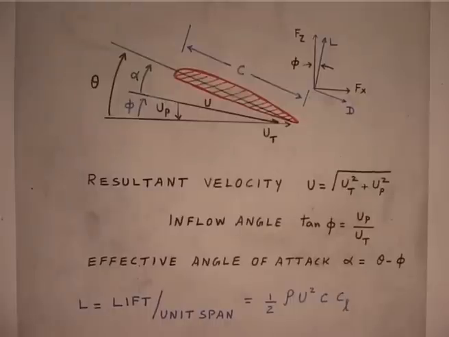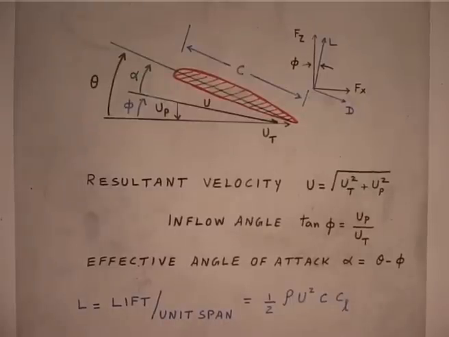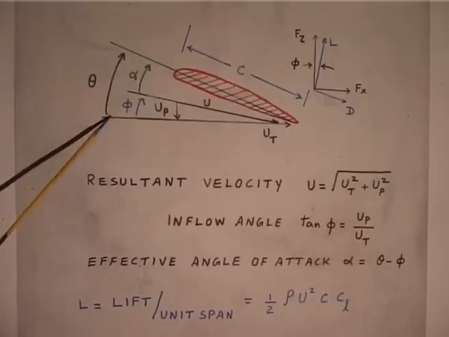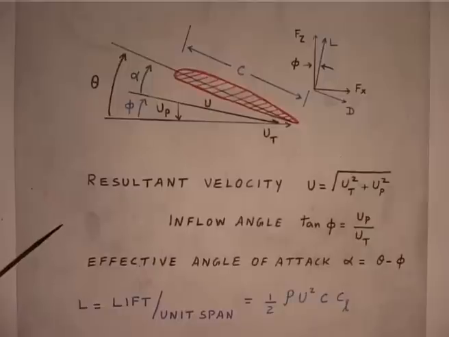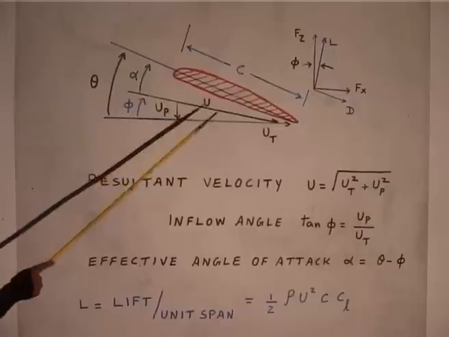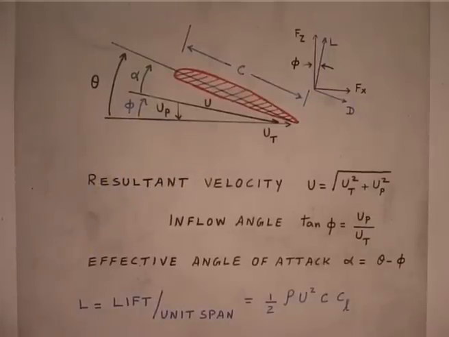So you see, now you remember why I said the pilot input gives pitch change, it does not directly change the angle of attack, it will change indirectly, but he gives only pitch change, in the sense he changes this angle, but the angle of attack changes depending on what is the up, what is the ut, etc.